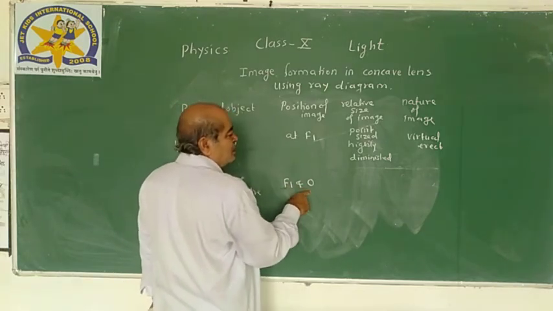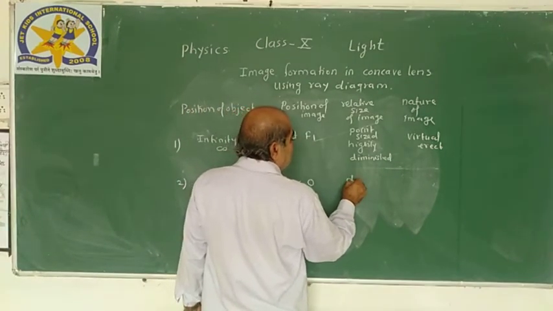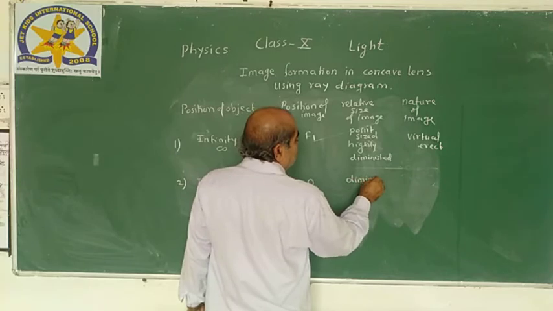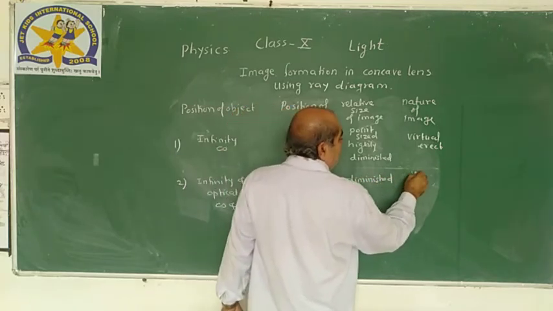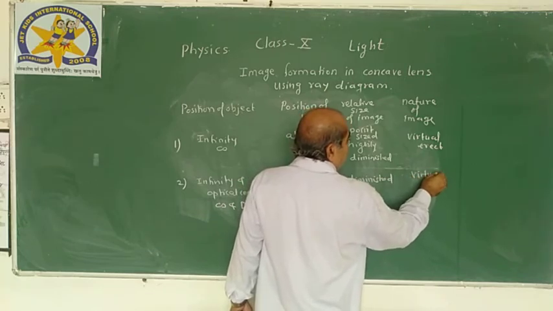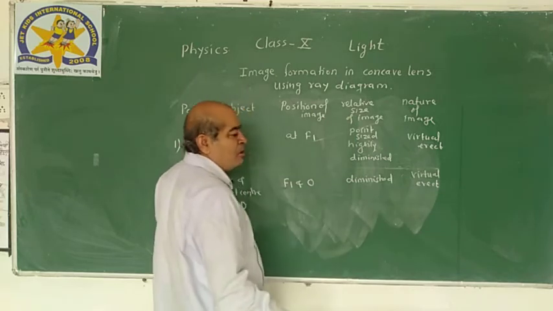The size of the image is diminished, meaning small in size, and the nature of the image is virtual and erect.